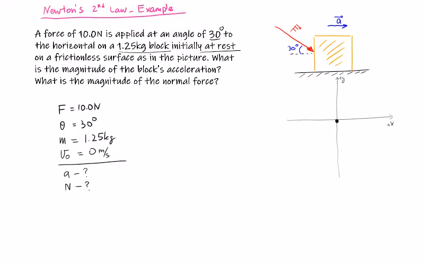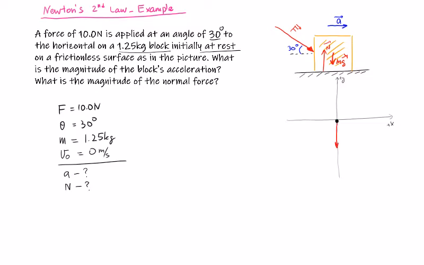Now let's put all the forces. What are the forces acting? There's an mg, the weight of the object, going downwards, and there is this normal force from the table upwards, and there is this applied force.